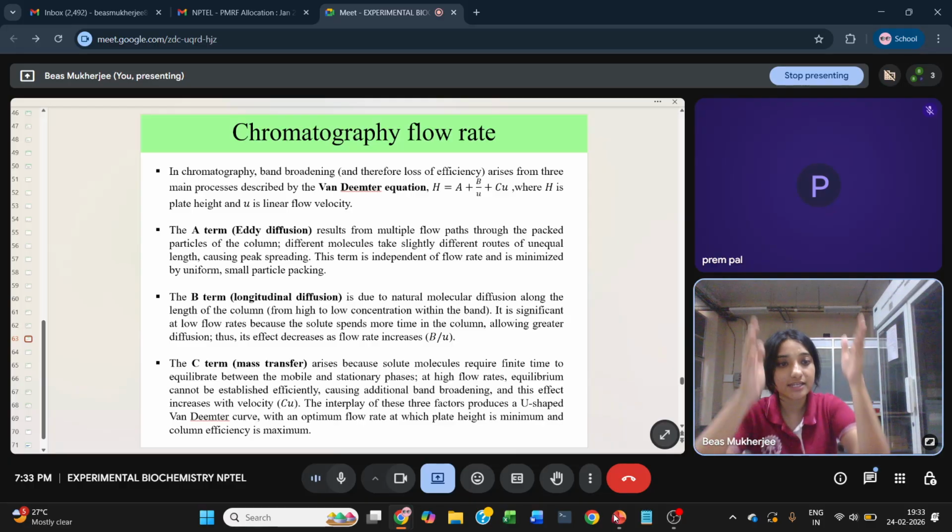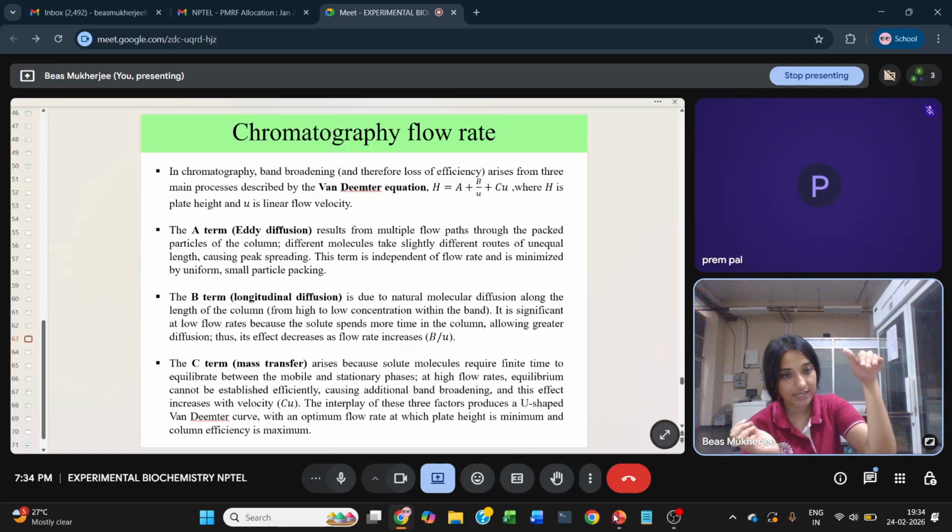So what is plate height? This entire column is imagined to be divided into tiny sections. Each tiny horizontal section is called a plate. So H is the height of each plate, and mu is the linear flow velocity. One term is the A term, eddy diffusion, which results from multiple flow paths.